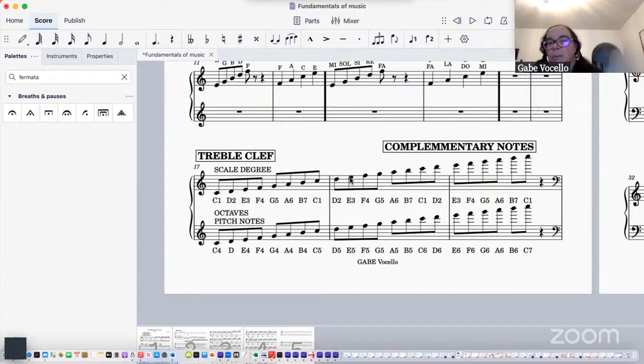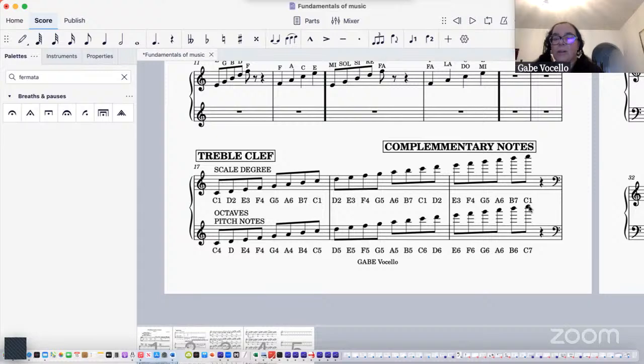E is degree number 3 in any octave. F is degree 4, G is degree 5, A is degree 6, B is degree 7, C is degree 1, D 2, E 3, F 4, G 5, A 6, B 7, C 8.